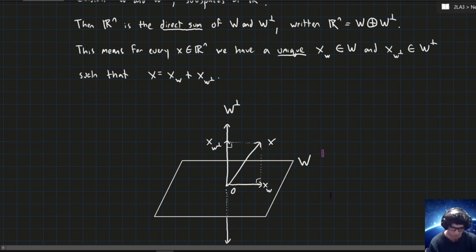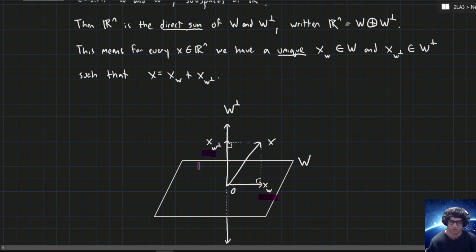If I just choose an x in Rn, say this vector here, it's saying that there's a vector in W, xW down here, and a vector in W perpendicular, this vector here, such that when I add them together, they equal x. You can see that this vector plus this vector will equal x. And there's a unique way to choose these two vectors.